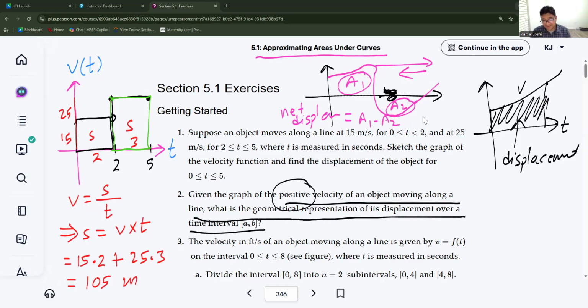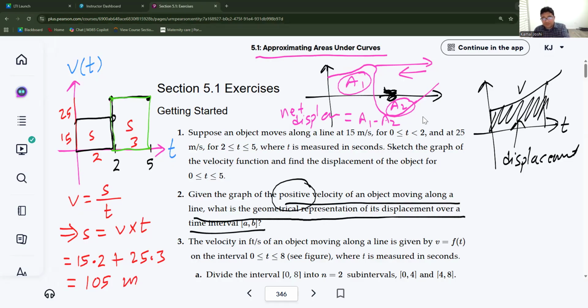In other words, the area below the x-axis is counted as negative area. It's not that the area itself is negative; if you just say that, it may not be meaningful. But when we understand that the area in this context represents the displacement from the initial point, then the negative makes sense, right? When we talk about displacement, not distance, there is a question of direction, positive and negative.